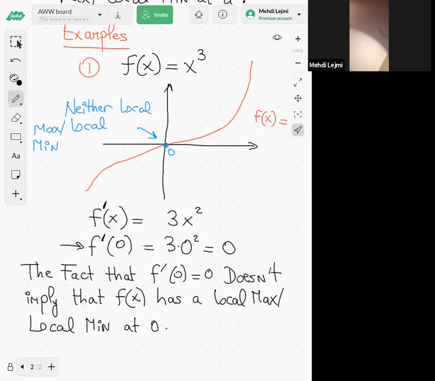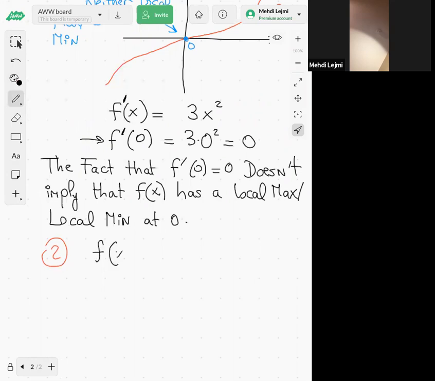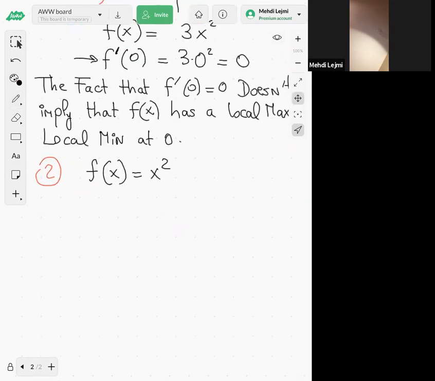Well, let's take another example. Example number 2. Let's say f of x is equal to x squared. The graph of x squared would be a parabola, so it would be this parabola here.